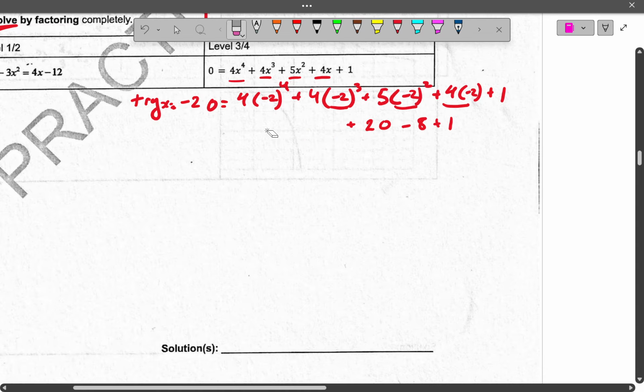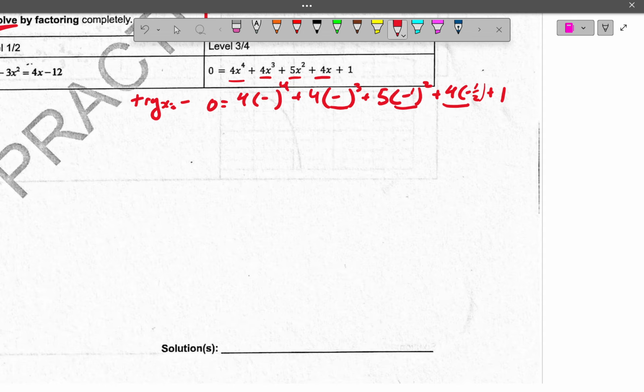I'll try another negative number now. I'm going to try negative a half, as I mentioned before, or -0.5.